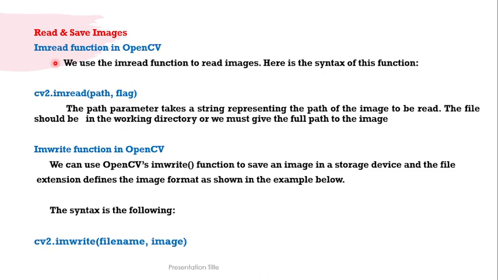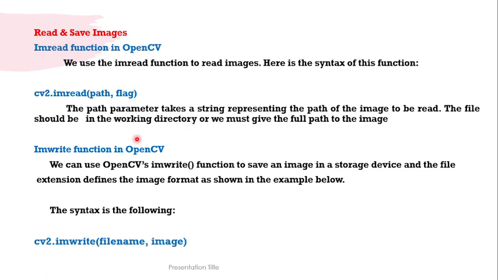The syntax is cv2.imread(path, flag). The path parameter takes a string representing the path of the image to be read. It may be in C: or D: with some supported name. The file should be in the working directory, or we must give the full path of the image. I'll go through an example so you can get clarity.